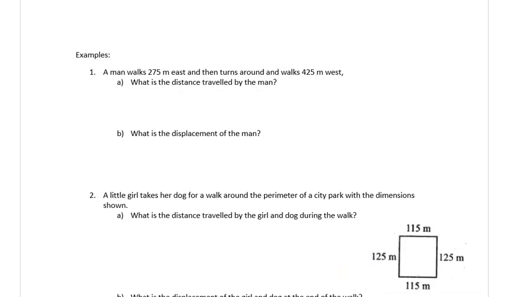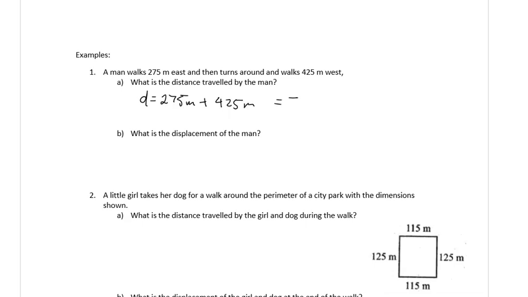So let's take a look at a couple of examples. The first one, we've got a man walking east 275 meters, turns around and walks 425 meters west. What is the distance traveled by the man? Well, he's traveling 275 meters and 425 meters.